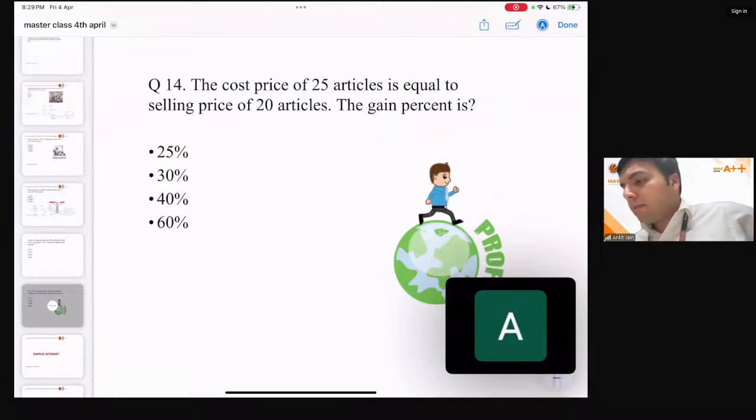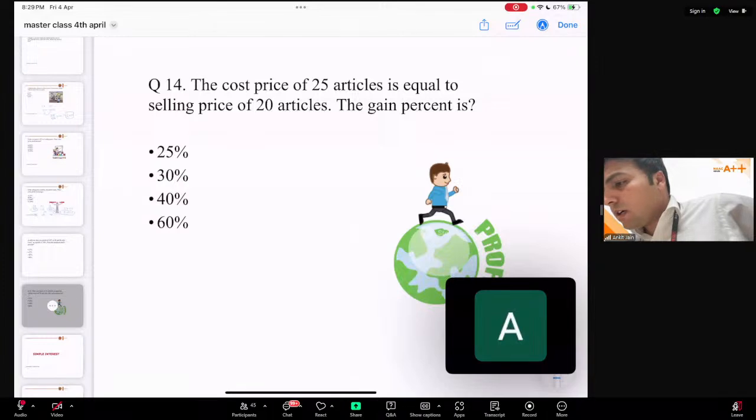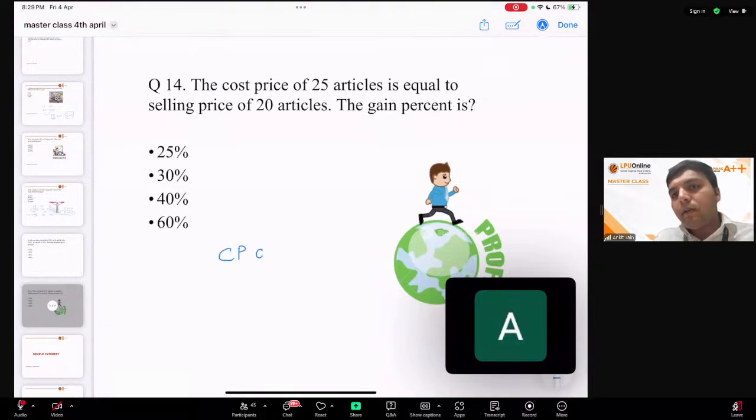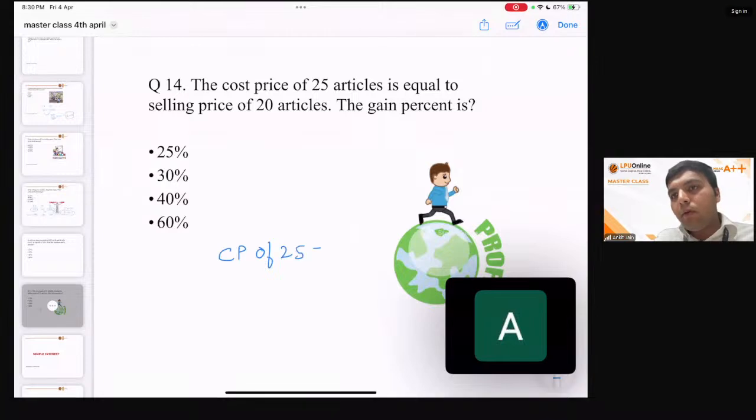So what is the answer? Vipasha, Visabi, very good. Cost price of 25 articles is equal to selling price of 20 articles. So we can write CP of 25 is equal to SP of 20.